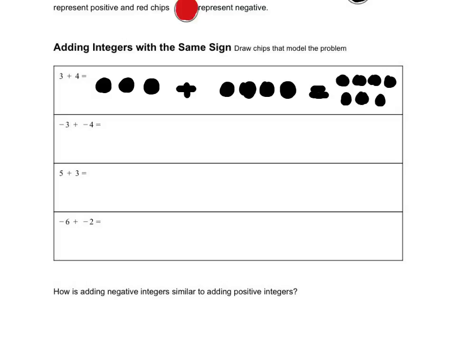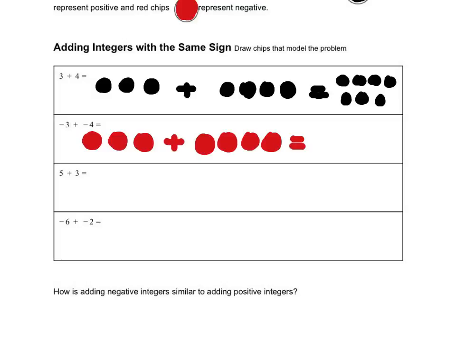So now let's look at -3 plus -4. Because we have negative values, I'm going to switch to the red. You can use whatever color you have selected or might have around the house. So I have 3 negative chips. I'm going to add to that 4, so I'm using the same model as the previous one, but negative instead of positive.